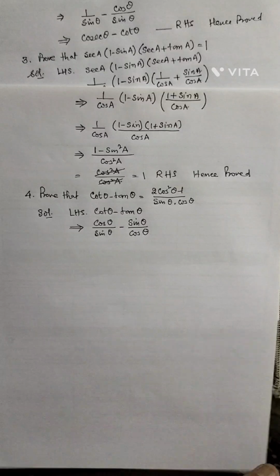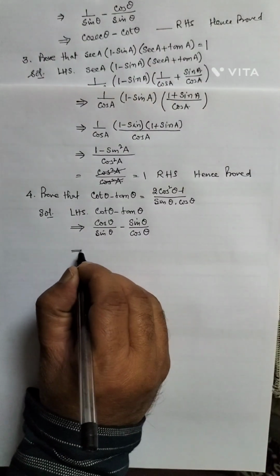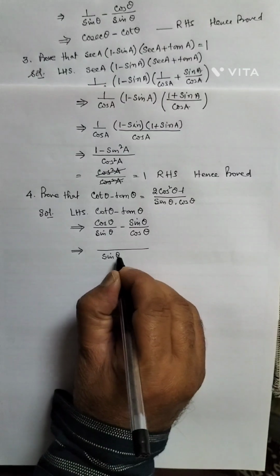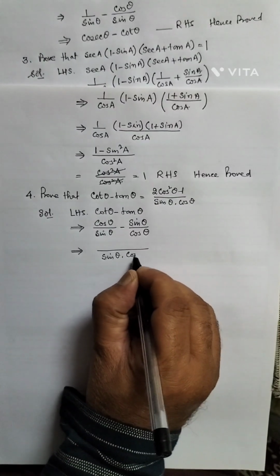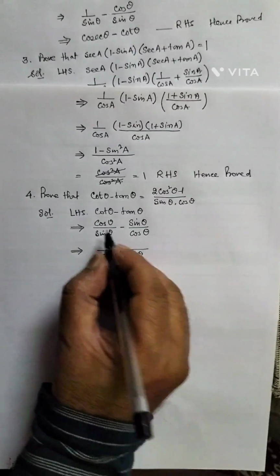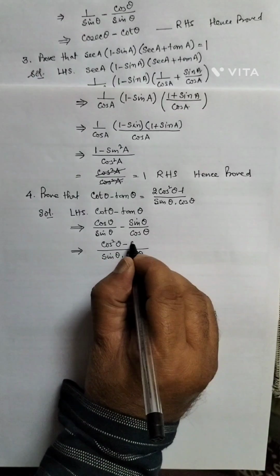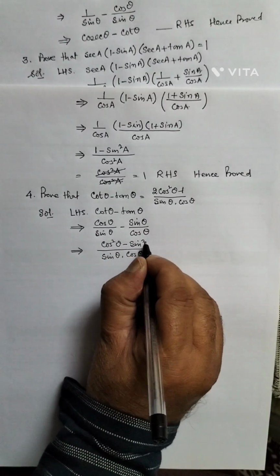In the next step, we will just take the LCM, which is sin theta multiply cos theta, and this will become cos square theta minus sin square theta.